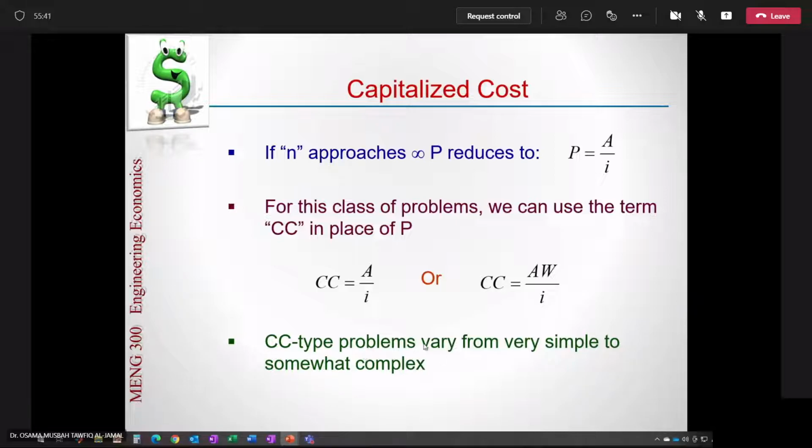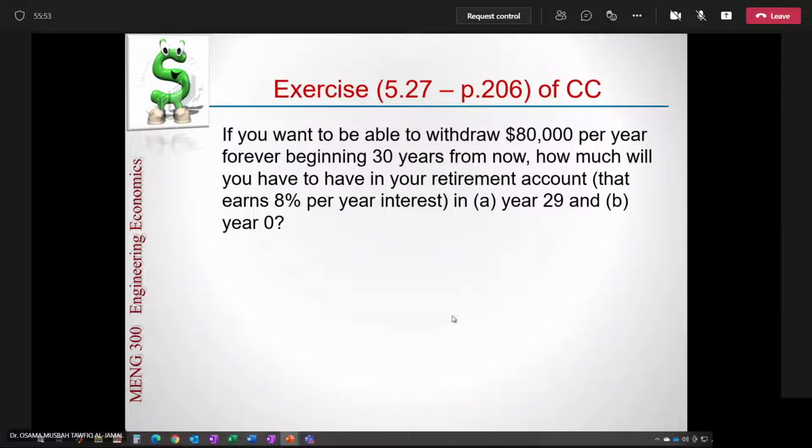Capitalized cost type problems vary from very simple to somewhat complex. You see the problem here: if you want to be able to withdraw $80,000 per year forever, the withdrawal amount will come to you.